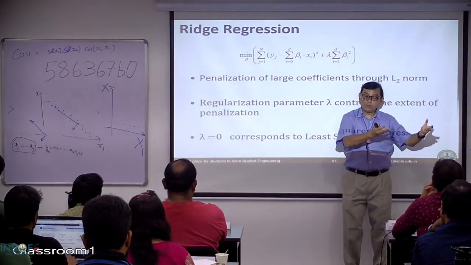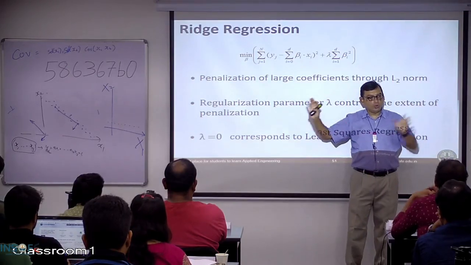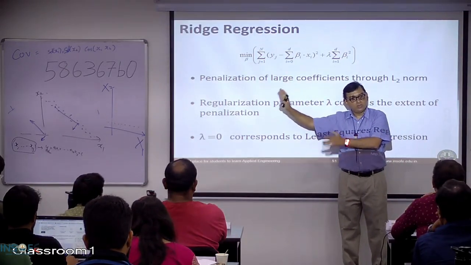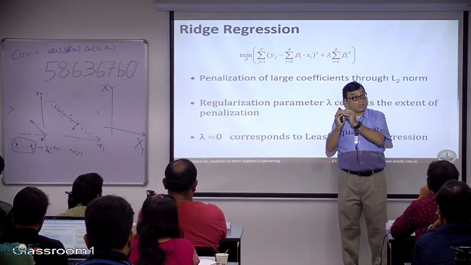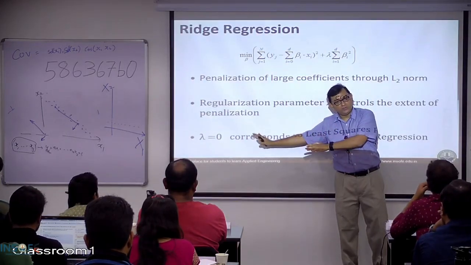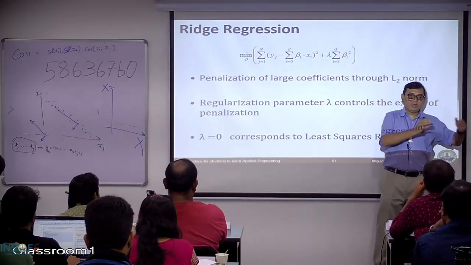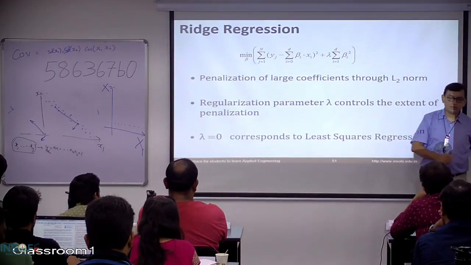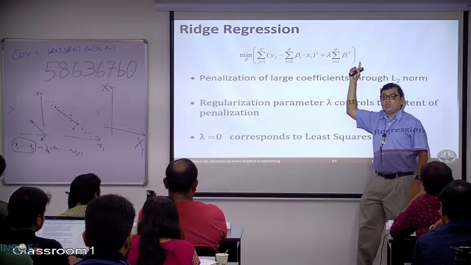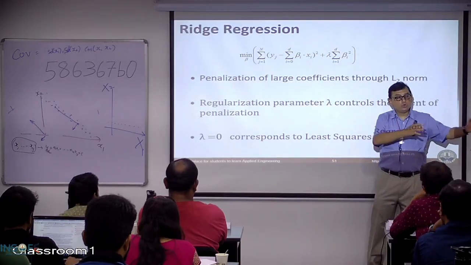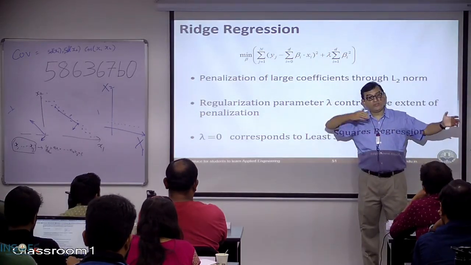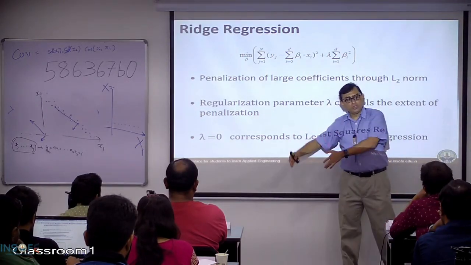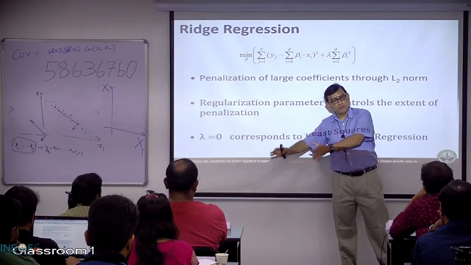That is the simplest model you can think of. Use no coefficients, only the mean of the final y value is the best model. That is completely going towards simplicity, one end of simplicity. The other end is do not worry about simplicity, focus only on sum of square errors. So different values of lambda allow you to explore different regimes. When lambda is 0, you are focused only on sum of square errors.